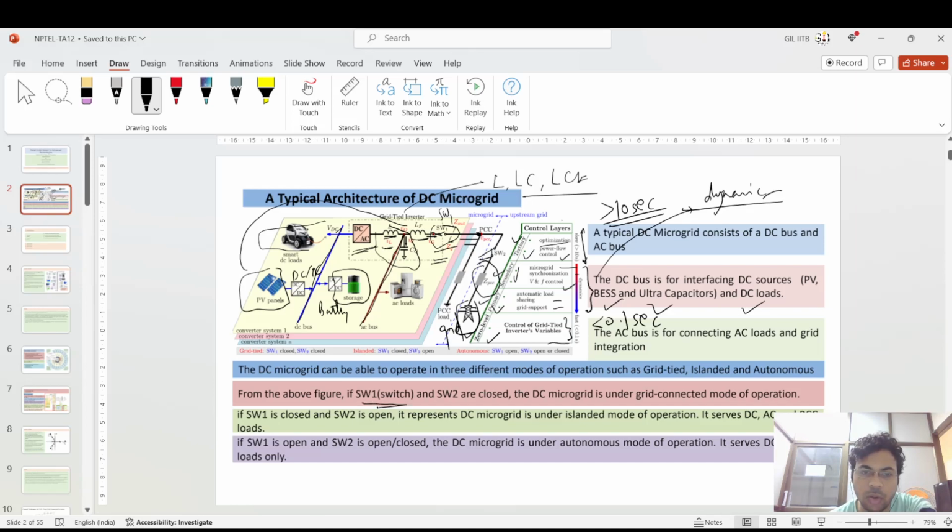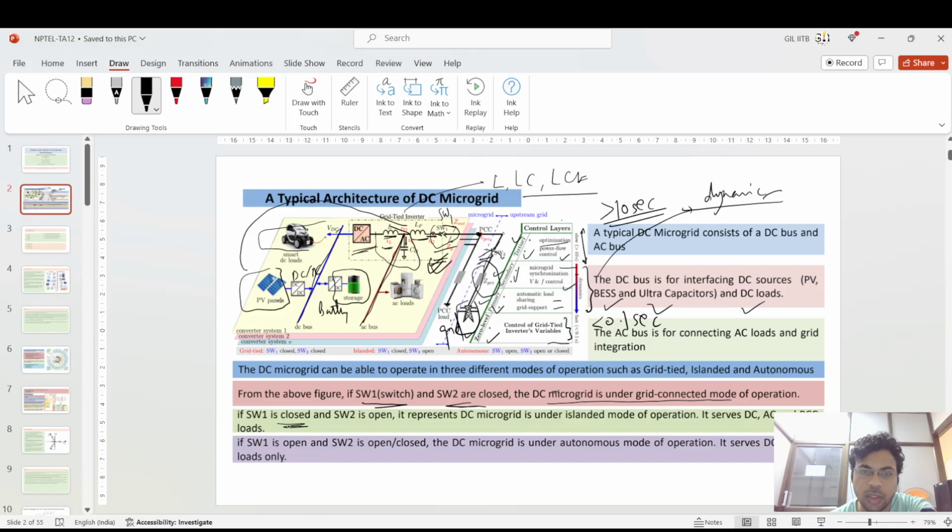If SW1 and SW2 both are closed, the DC microgrid is under grid connected mode of operation, because both switches are closed and the grid is connected directly to this PCC. And the PCC is connected to the AC bus bar.